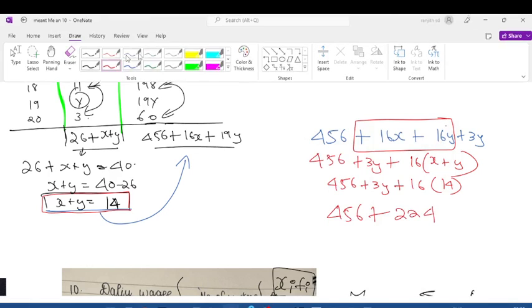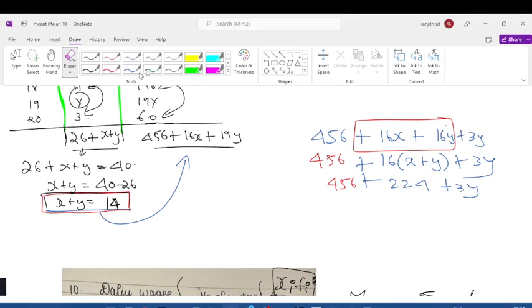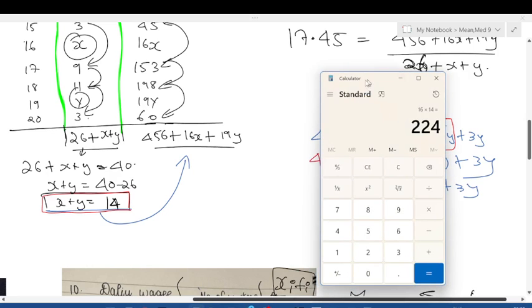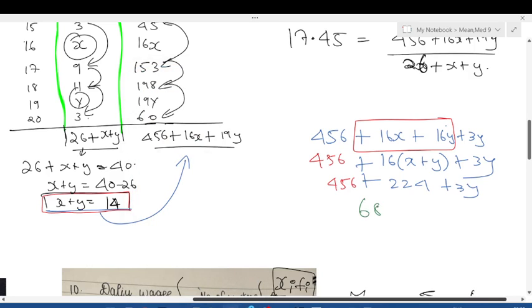I'll keep this 3y in the last itself. Let me just take 16 as common: x plus y, plus 3y. 224 plus 3y. 456 plus 224 is 680. 680 plus 3y.